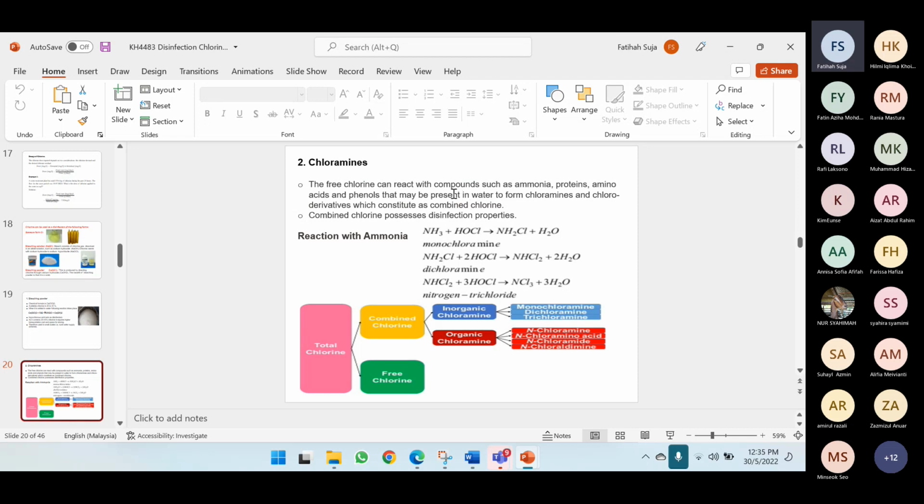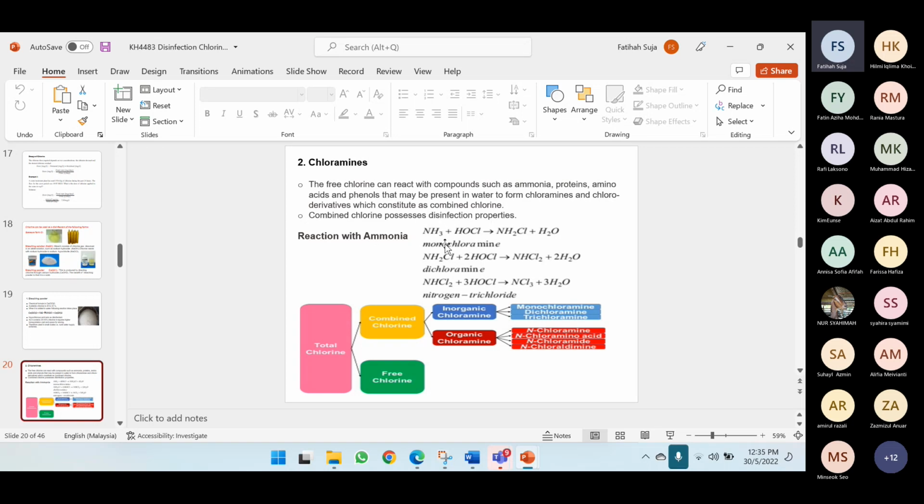You can also call it combined chlorine if your water supply already has this ammonia, protein, amino acids, and phenols, or you may add these materials to the treatment system because you want to use chloramine as your source of disinfection. Combined chlorine possesses disinfection properties.